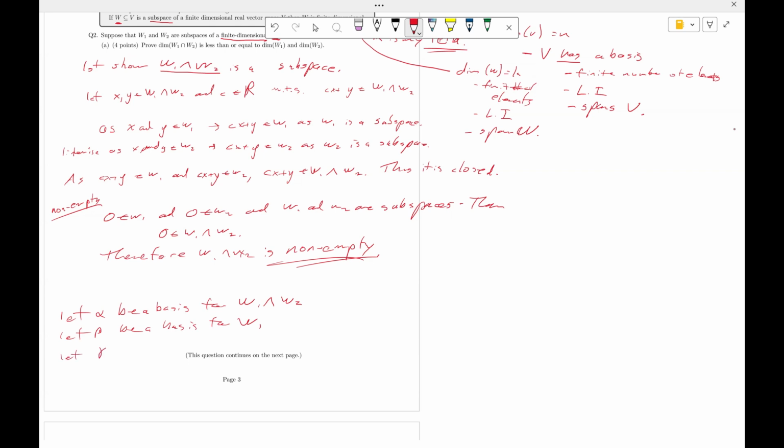Let gamma be a basis for W2. Now, as alpha is a subset of W1 intersect W2, alpha is a subset of W1, and alpha is a subset of W2.